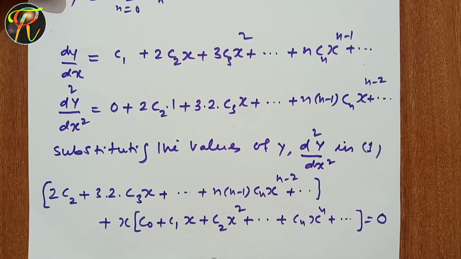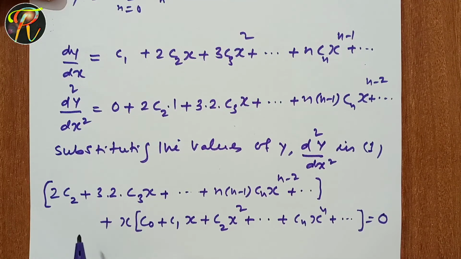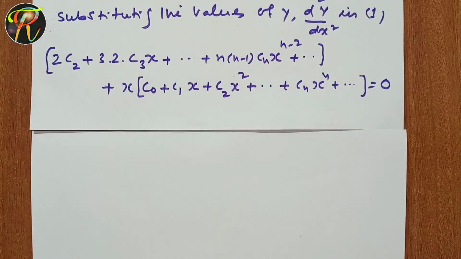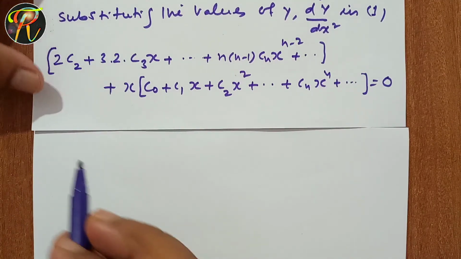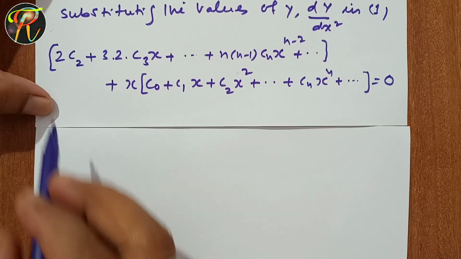Now we collect the terms which contain the same power of x: first the constant, then the coefficient of x, the coefficient of x square, and so on up to the coefficient of x to the power n. The constant term is 2c2.